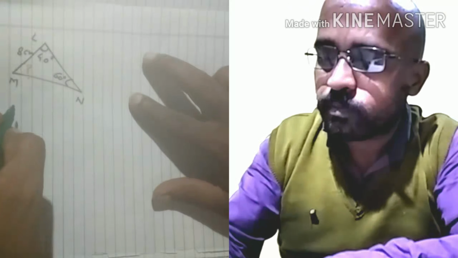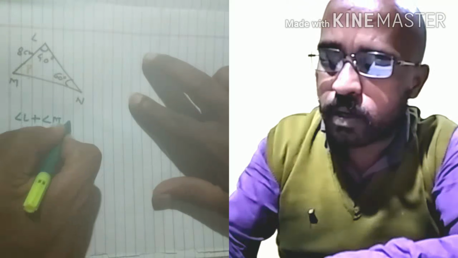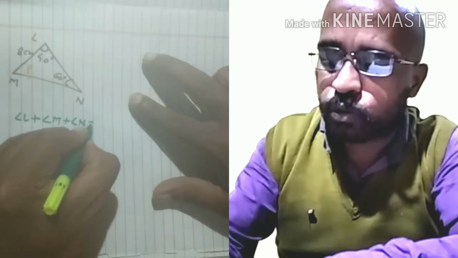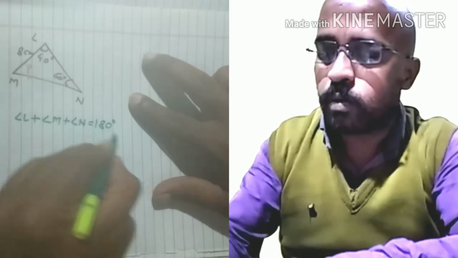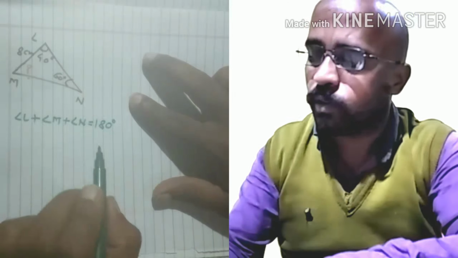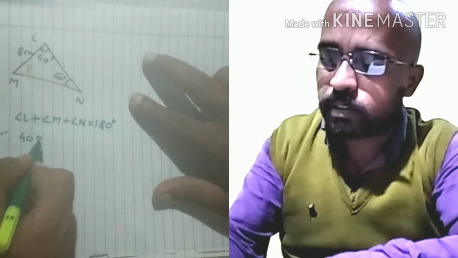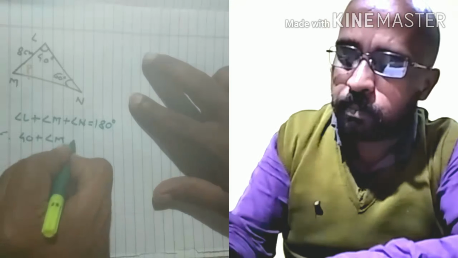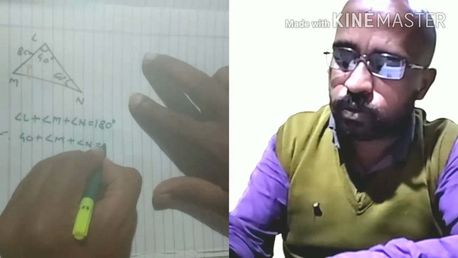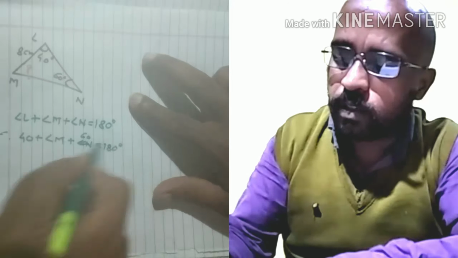So angle L plus angle M plus angle N is equal to 180 degree. By the rule, the addition of all three angles of a triangle is 180 degree, therefore angle L 40 plus angle M plus angle N which is 60 is equal to 180 degree.